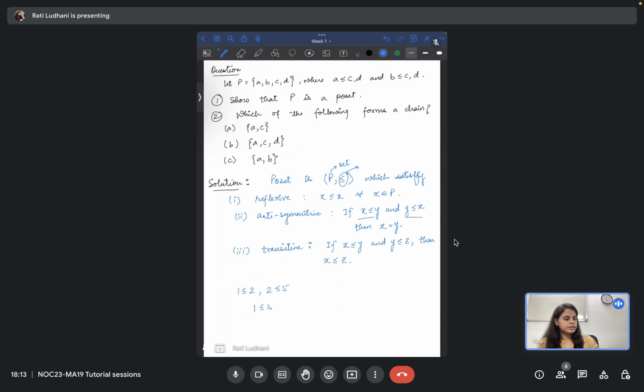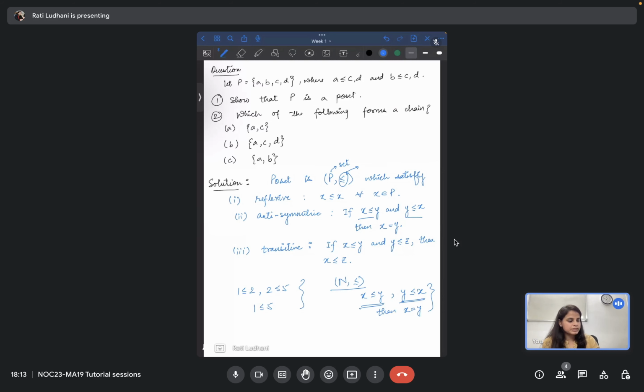So antisymmetry basically says, if you take for example this set, if x is less than or equal to y and y is less than or equal to x, then x has to be equal to y. This is more of an abstract thing, because with numbers you can directly see that this won't happen.